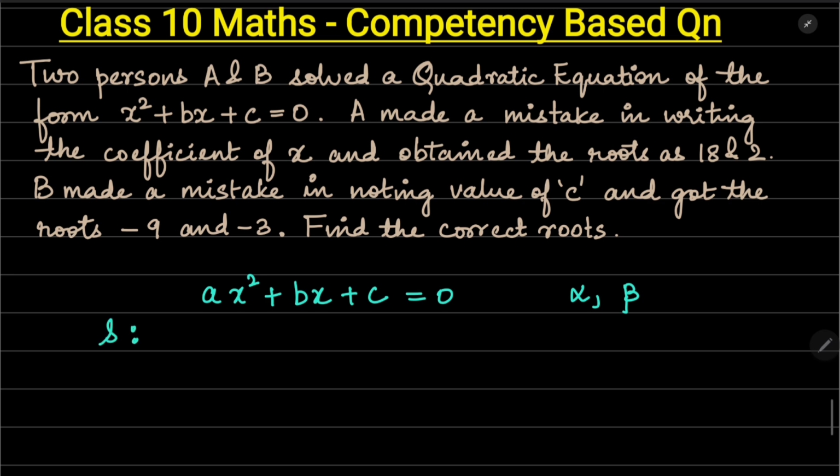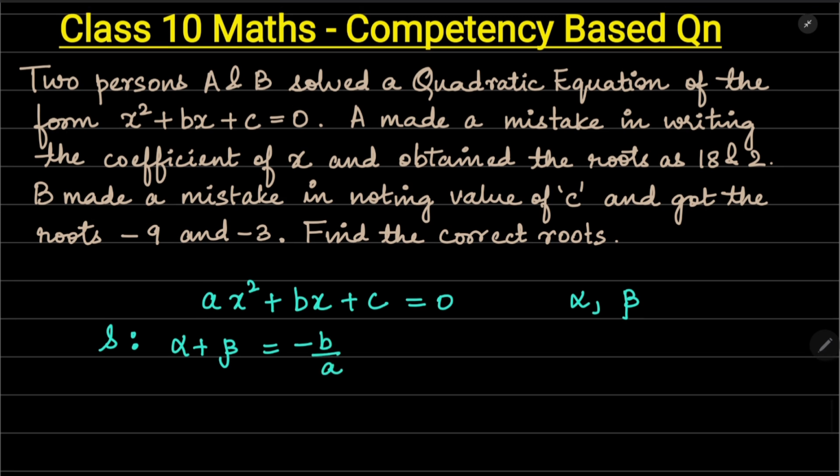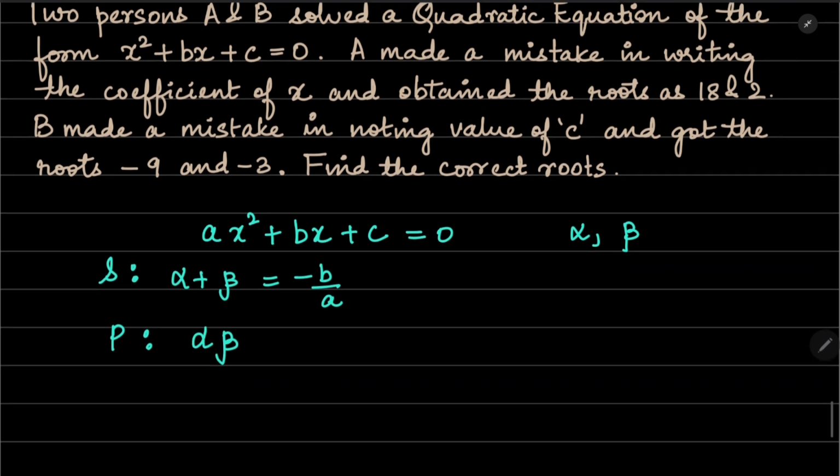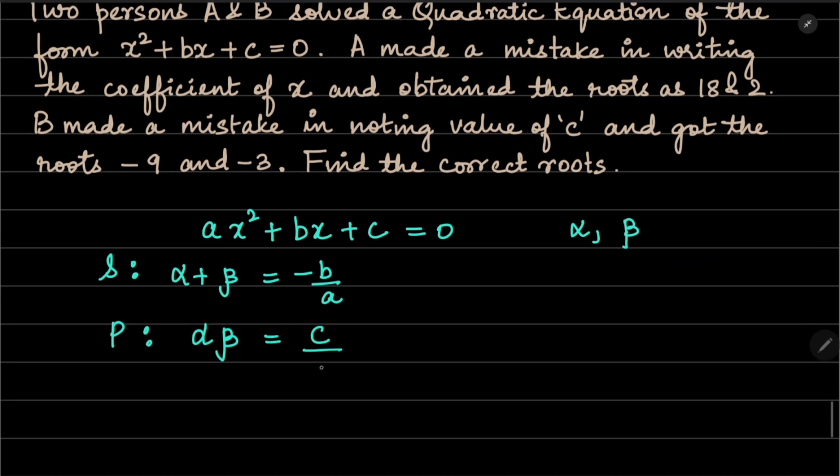What is the sum of the roots? That is alpha plus beta, which is nothing but minus b by a. And the product of the roots, that is alpha beta, is equal to c by a. C is the constant term, a is the coefficient of x square, b is the coefficient of x.